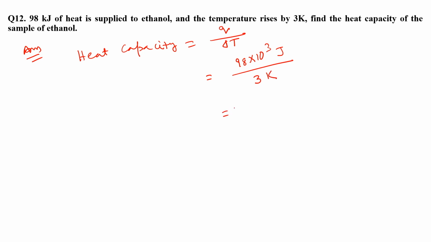So, we get 32.6 times 10 to the 3 joule per Kelvin. This was a very simple problem.